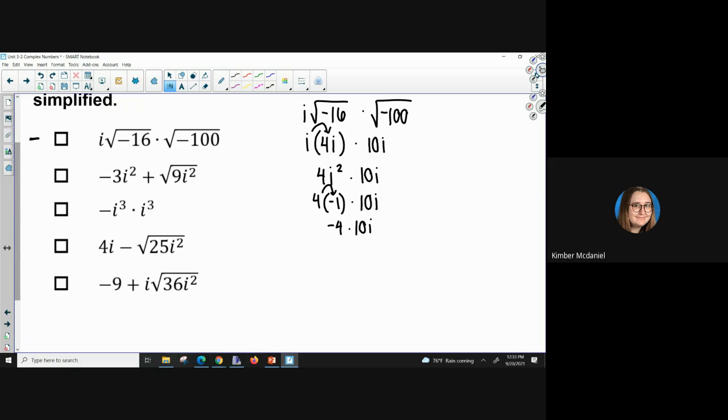And again, thinking of this as a variable, what's negative 4 times 10i? Negative 40i. What's negative 4 times 10? Negative 40. i. Now, we simplified it.